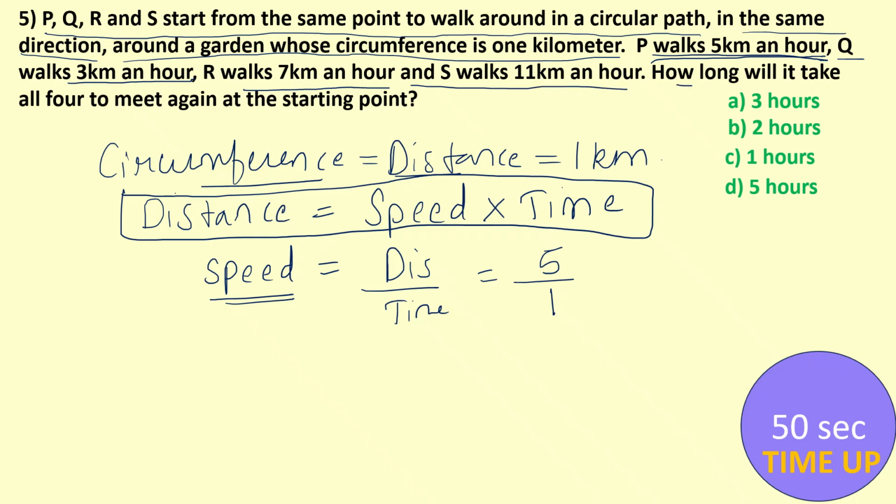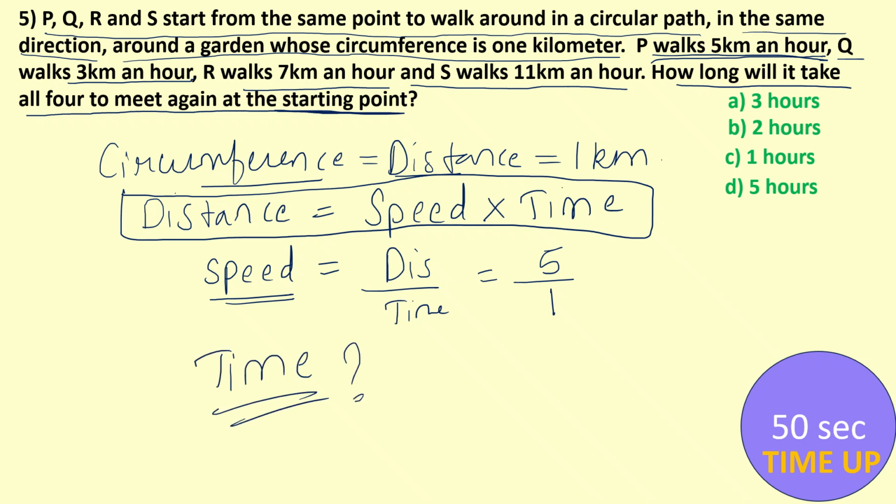How long will it take for all four of them to meet again at the starting point is the question. So what is asked here? Time is asked, correct? So we need to find out the time here.